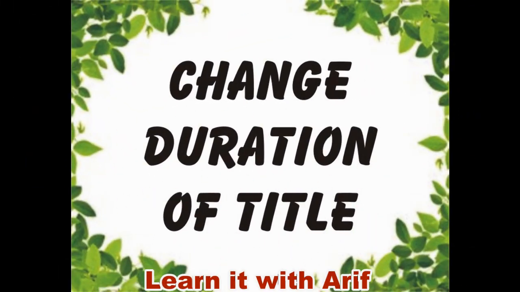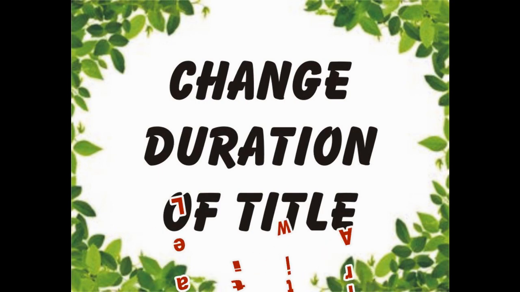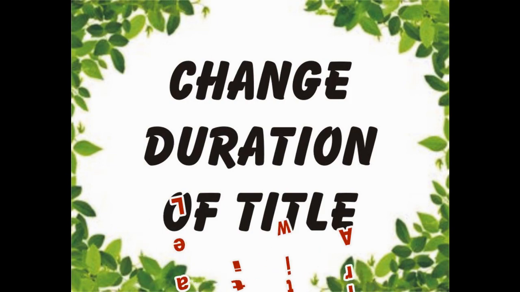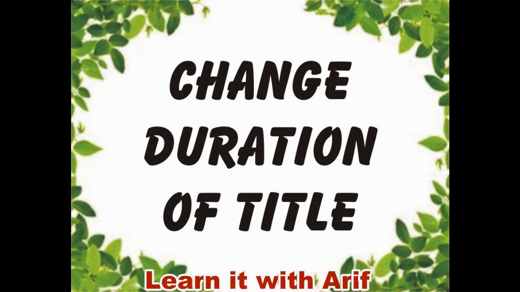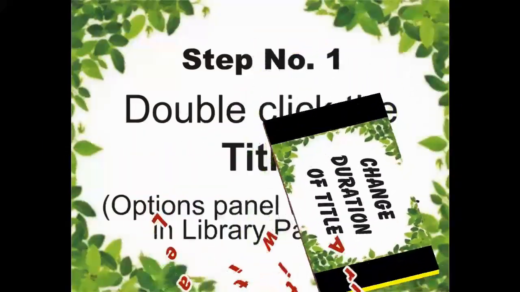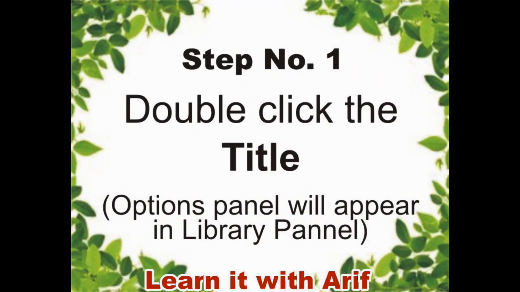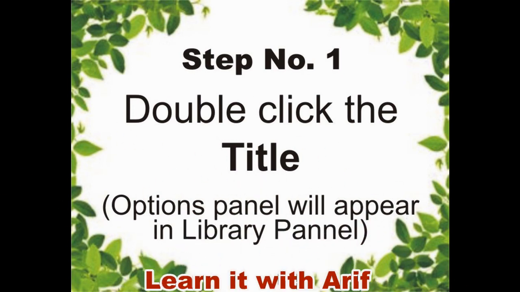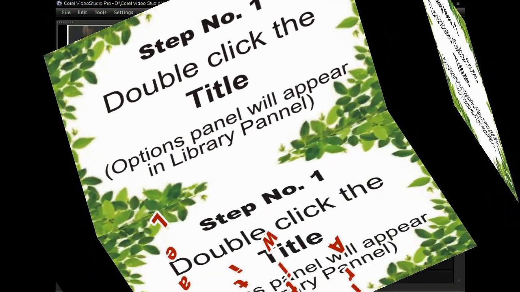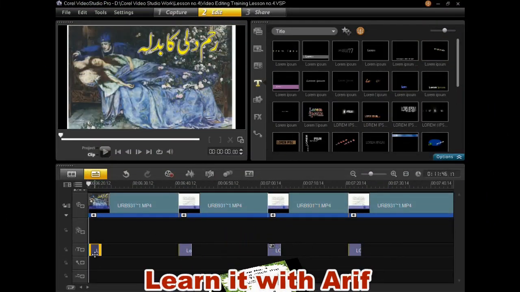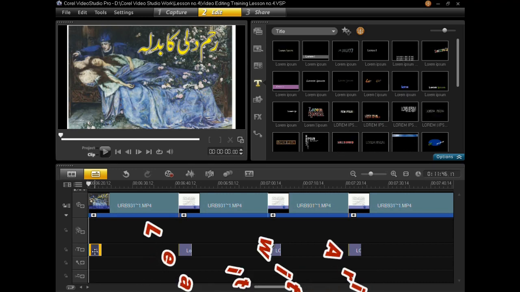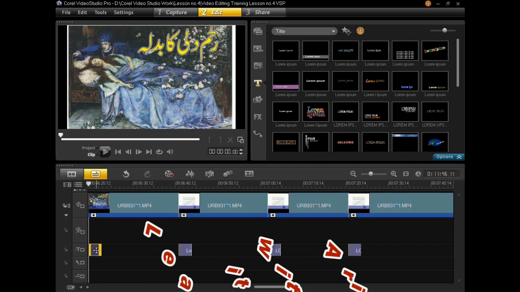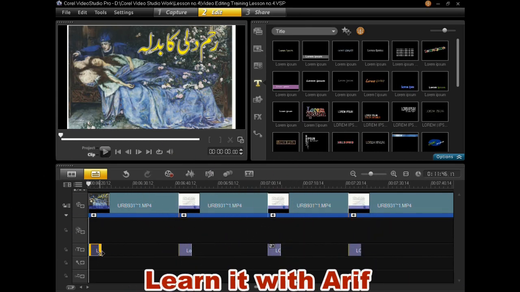Now we will see how to change the duration of a title or how to edit a title. Simply double click your title in the timeline panel. This is our first title.